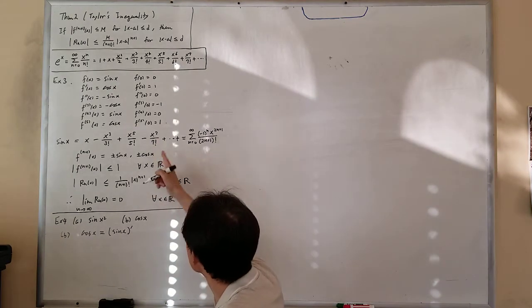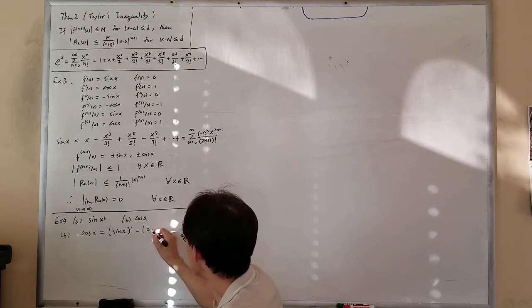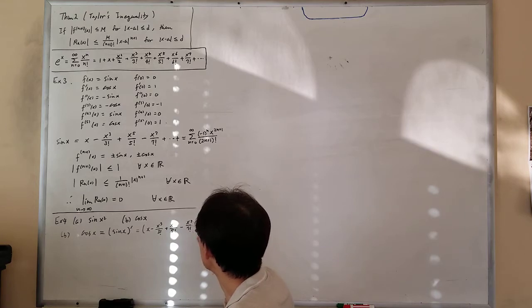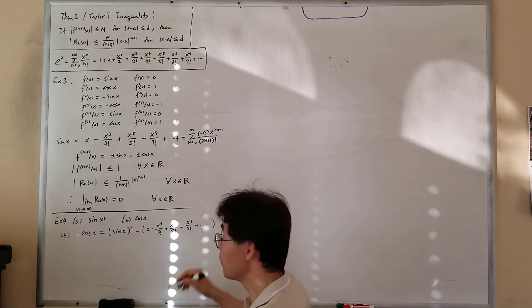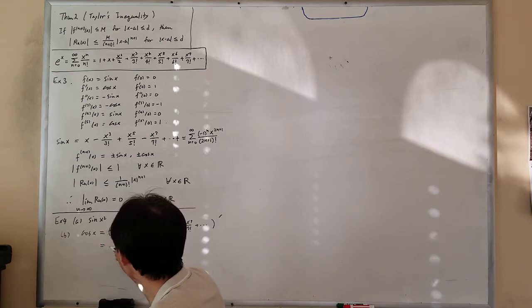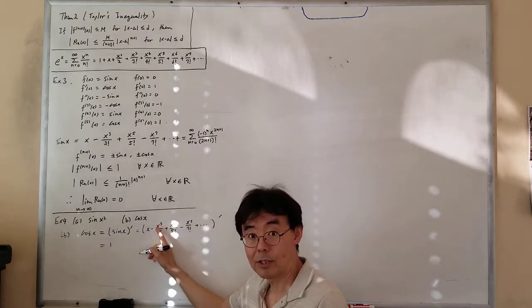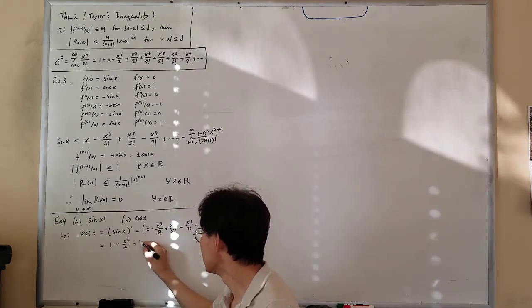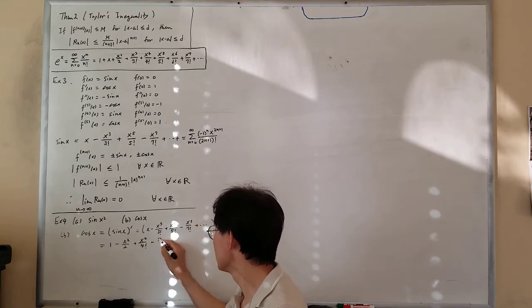So you can think about this: x minus x cubed over 3 factorial plus x to the 5th, forever. Term-by-term differentiation: 1, 3x squared, 3 cancels, so minus x squared over 2 factorial. 5 cancels, x to the 4th over 4 factorial. 7 cancels, x to the 6 over 6 factorial.